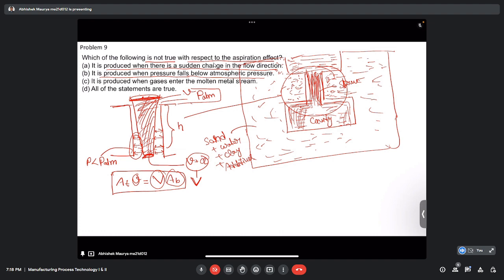This is the reason the pressure goes below atmospheric pressure, or we can say it is vacuum.